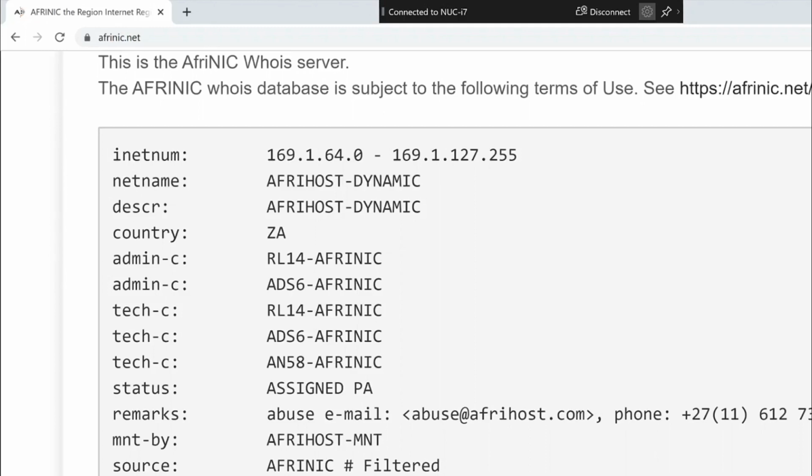The net name is something that is chosen by the entity that applies for the block from Afrinic. So the fact that it is called AfriHost-dynamic sounds as if it is used for dynamic addresses, DHCP addresses. That's something that we can infer, but we cannot rely on that.